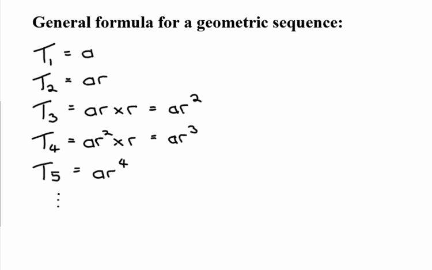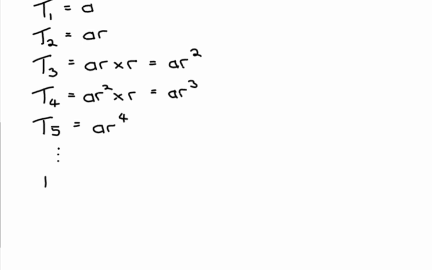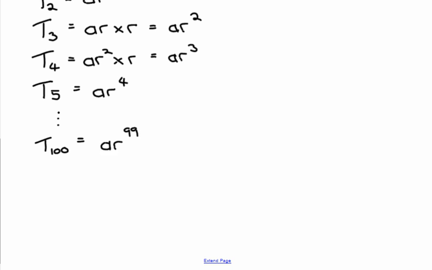Let's fast forward a little bit to, say, T100. You should notice that in the fifth term we had an exponent of 4, in the fourth term we had the exponent 3, in the third term we had the exponent 2. So I'm sure you've guessed it by now. T100 would be AR to the power of 99. But obviously we want to generalize that. We want to get our formula, our nth term.